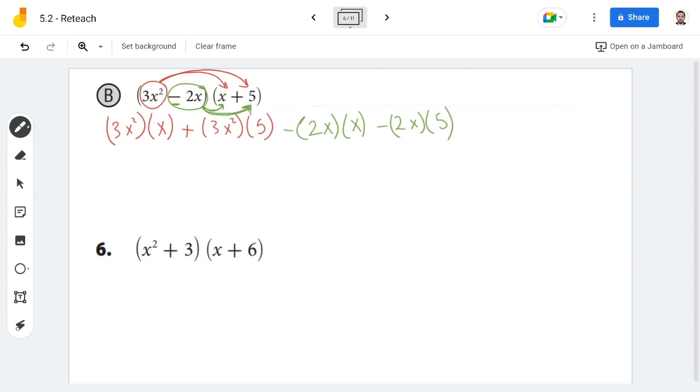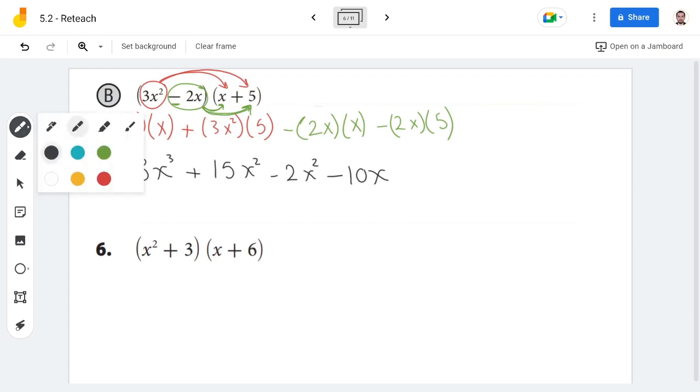It's the same thing. So 3x squared times x, 3x cubed, plus 3x squared times 5, 15x squared, minus 2x times x, negative 2x squared, negative 2x times 5, negative 10x. Okay, it's the same thing.